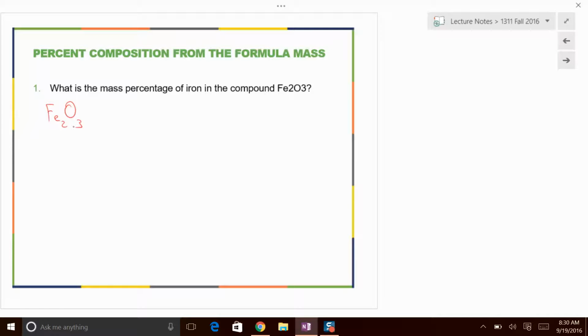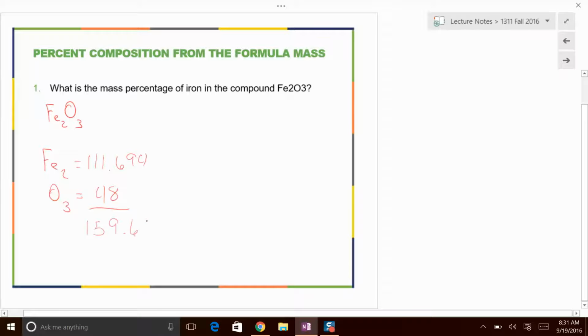Okay, so how are we going to figure it out? We have Fe2, we have O3. Fe2 has a mass of what? 111.69. Is that what you said? Yeah. Okay, O3 has a mass of 48. Okay, those two things together? 159.69.